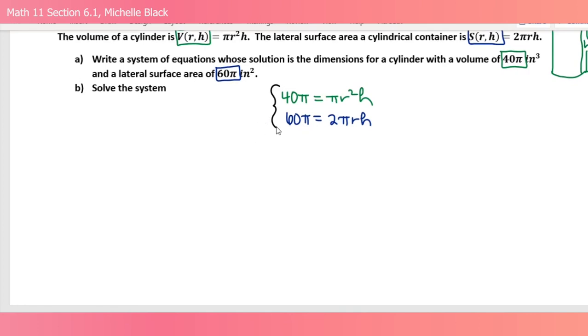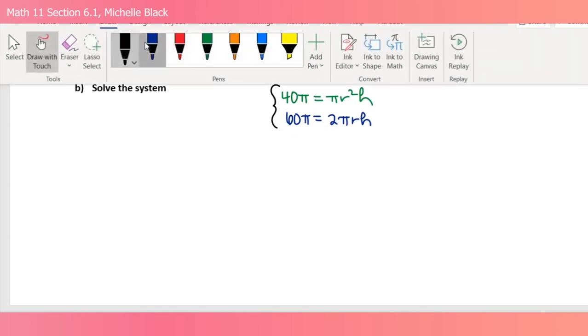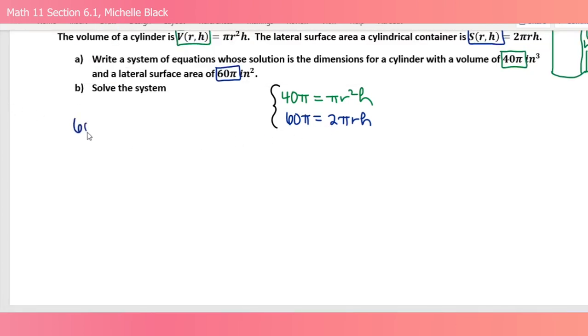Okay, when I look at my two choices, I tend to gravitate toward the blue equation because there are no exponents. So I'm going to take the bottom equation and solve for one of my variables. Maybe I'll solve for r. So what I need to do is divide away everything but r since these are being multiplied.